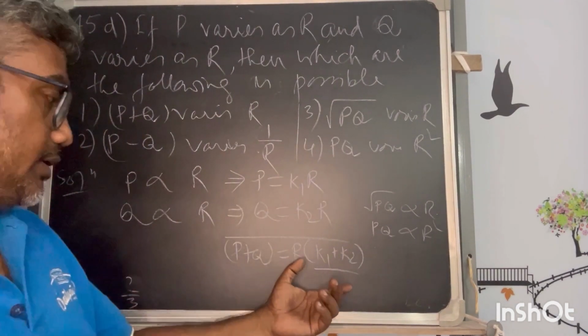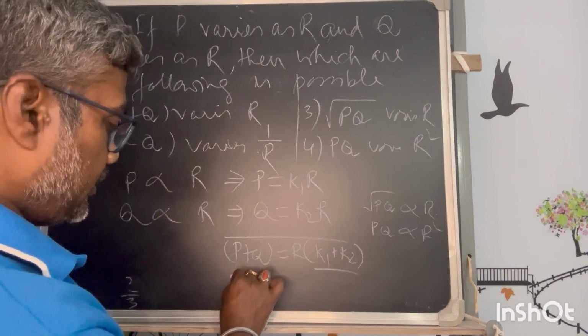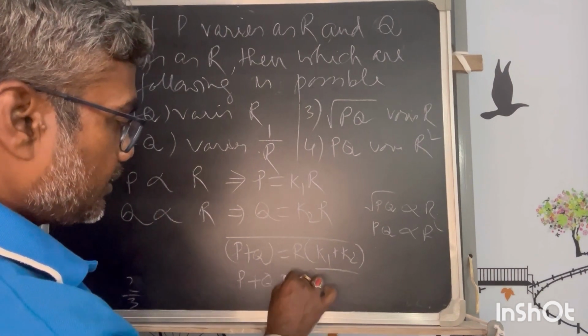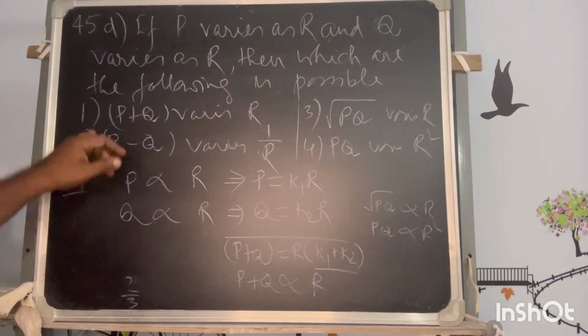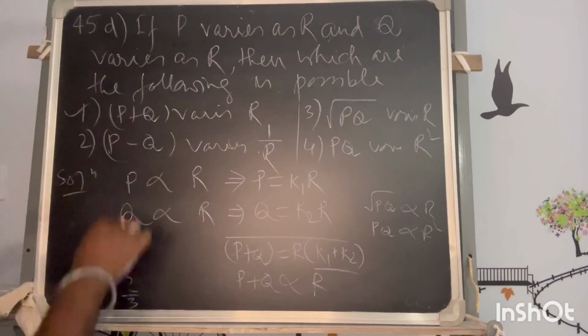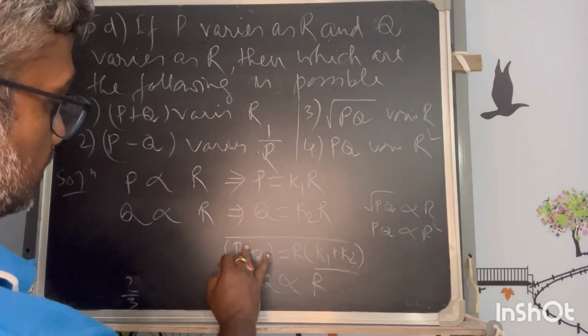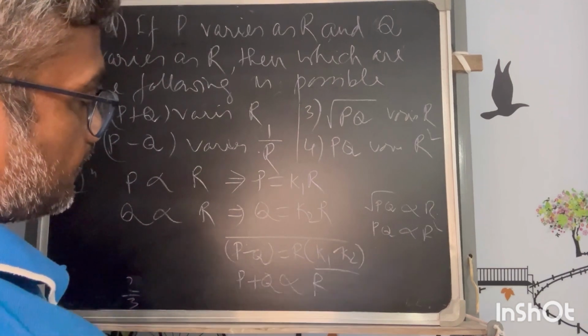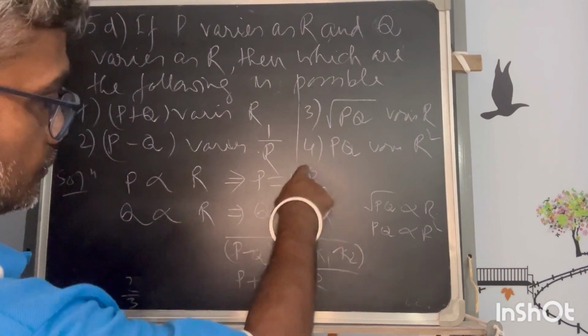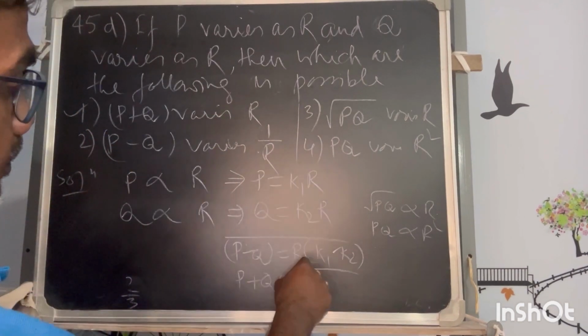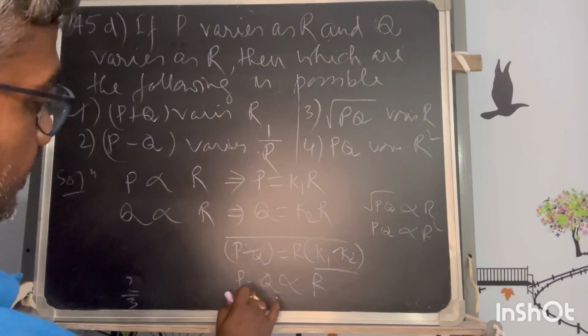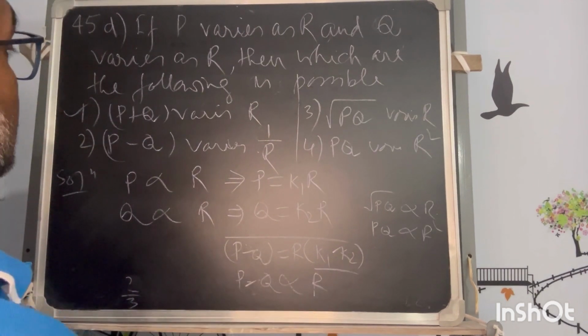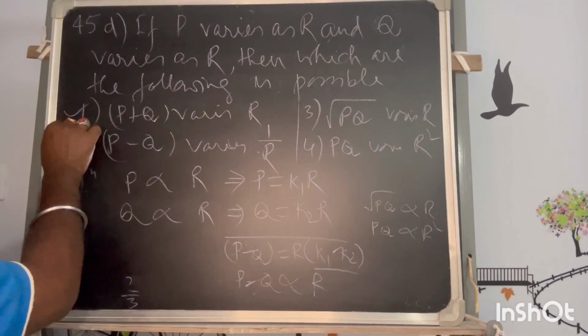So now from there we can say that P plus Q varies as R. This is possible. Let me deduct it. So this will be K1 minus K2. So for P minus Q also, it is proportional to R.